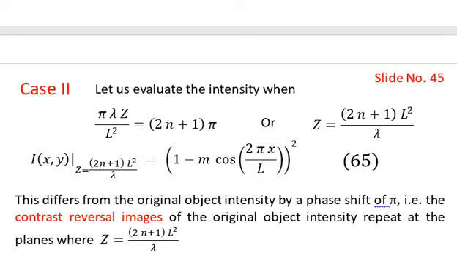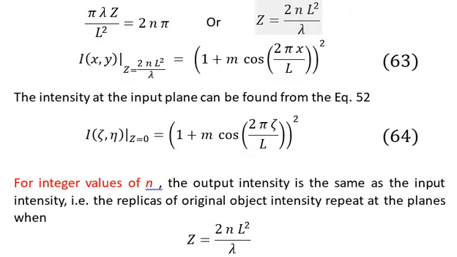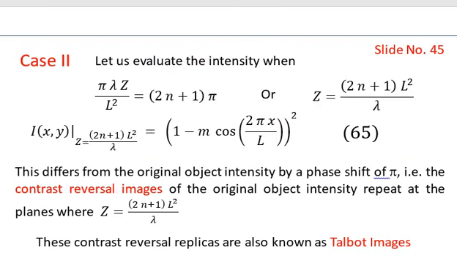But you know that the only difference between equation number 65, the intensity obtained at the output plane using the value of capital Z equal to 2n plus 1 multiplied by L square over lambda, and the intensity at the input plane given in equation number 64 is a negative sign. Here we have a positive sign with m, but there we have a negative sign with m.